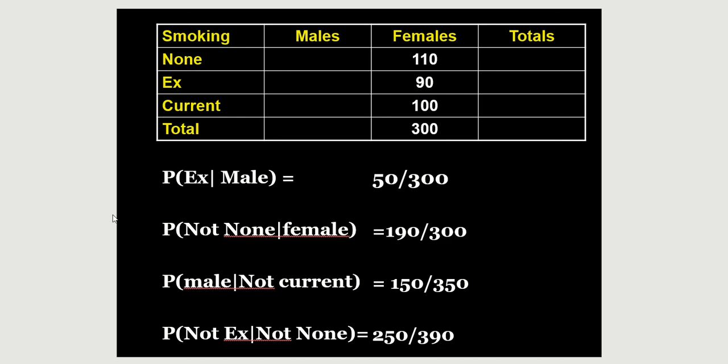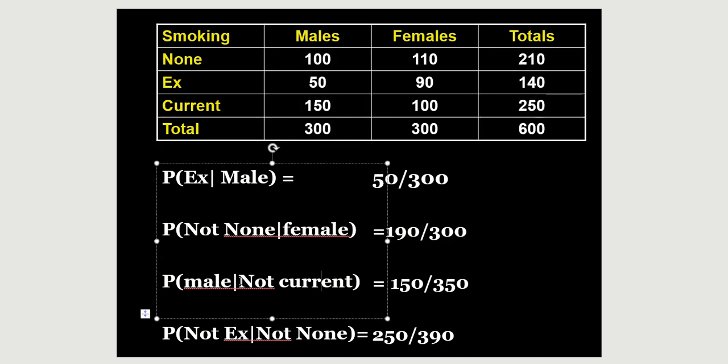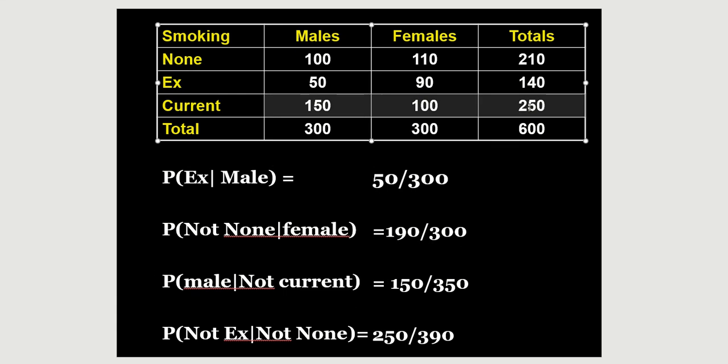Okay? So let's do now the third one. Let me try to put back the numbers. Now your condition is not current. Therefore I have to delete the current. It means the current are not acceptable. So I take out the current. Automatically I'm going to take off the total as well.